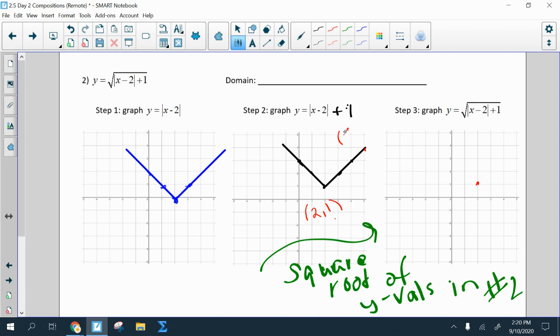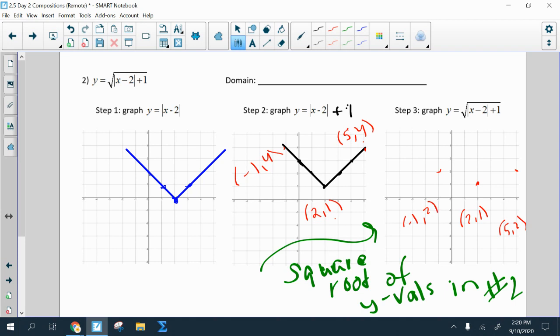I take the square root of 4 and graph the point 5, 2. So I have 2, 1, and 5, 2. And over here I have the point -1, 4, so I'm going to have the point -1, 2.